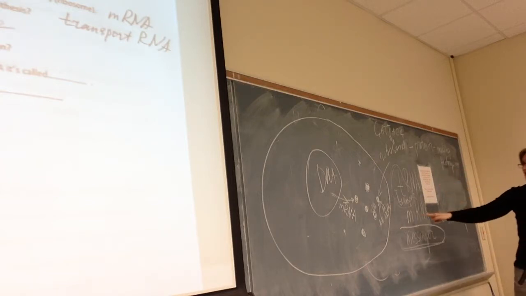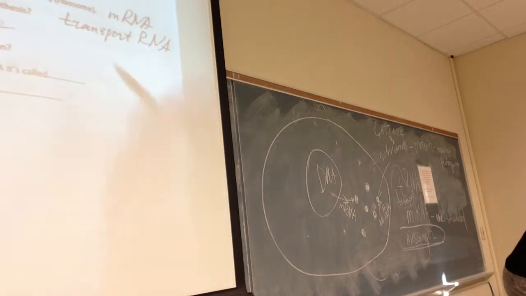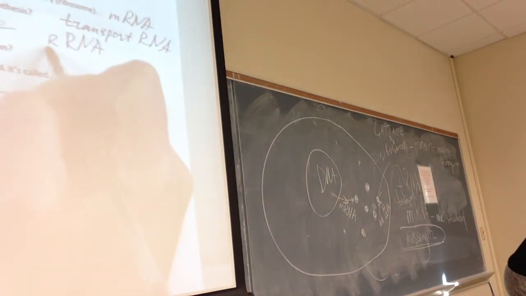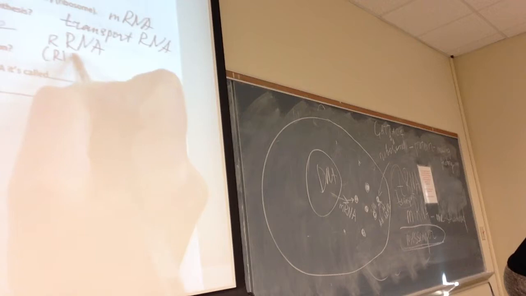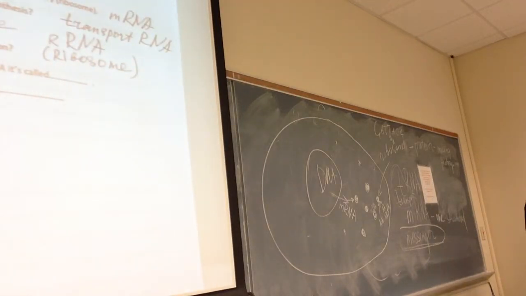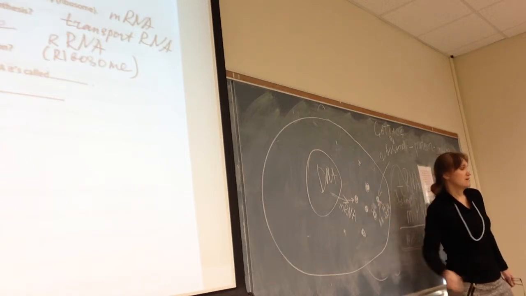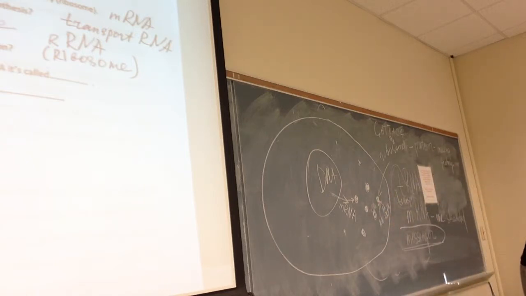That's why the R in RNA stands for ribosome. It's ribosomal RNA. Now hopefully you won't get lost between three kinds of RNAs that ensure that DNA instructions will get converted into the protein.